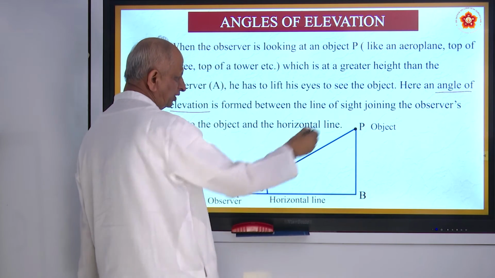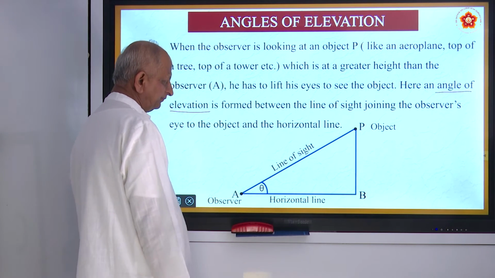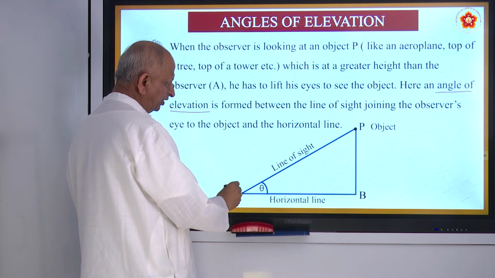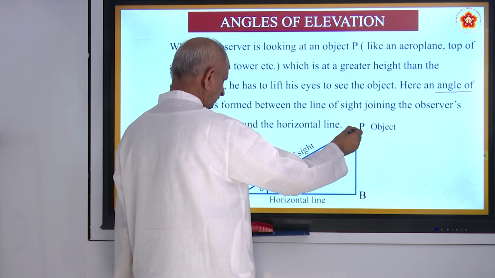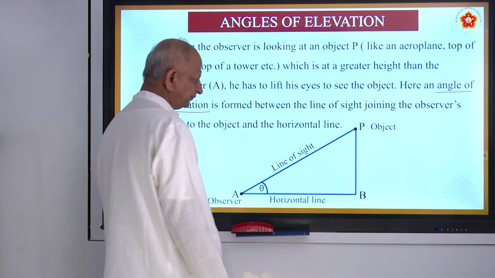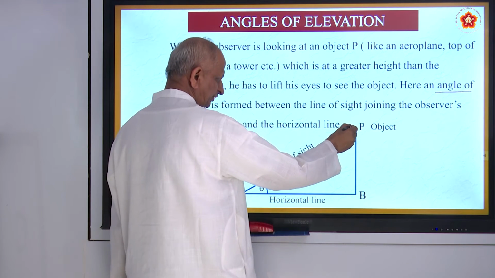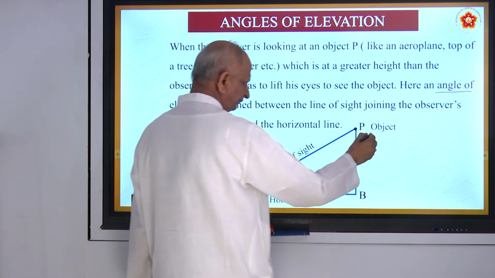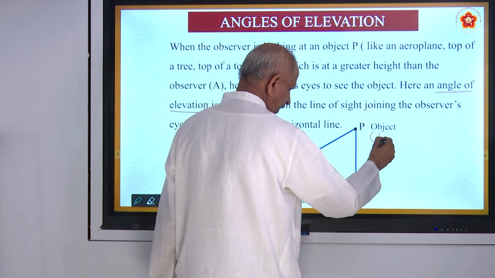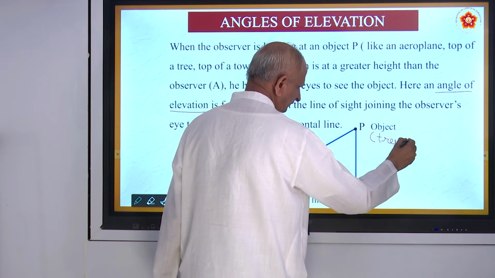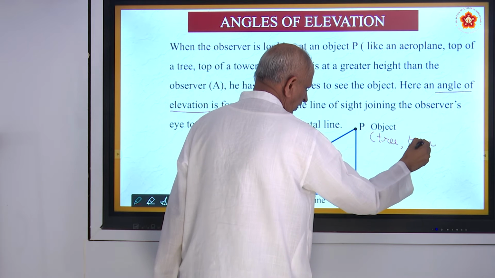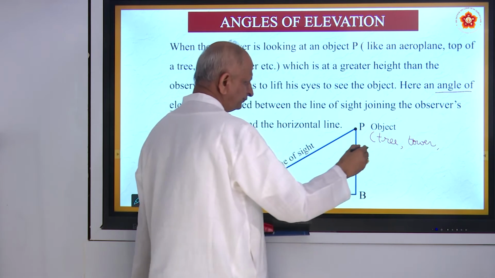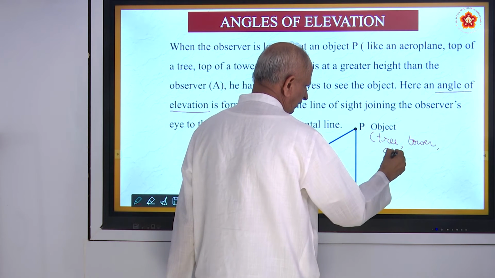Looking up, that is called the angle of elevation, between the line of sight joining the observer or the eye to the object and the horizontal line. This is our object. The object may be the top of a tree, or top of a tower, or an aeroplane, etc.